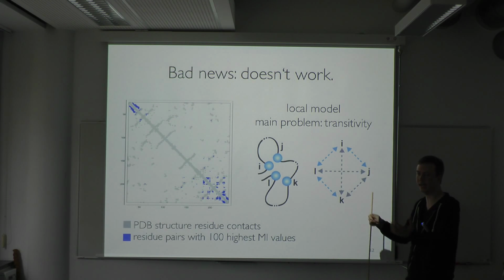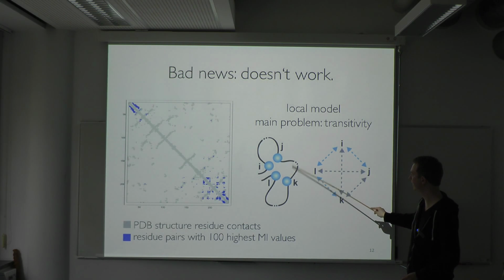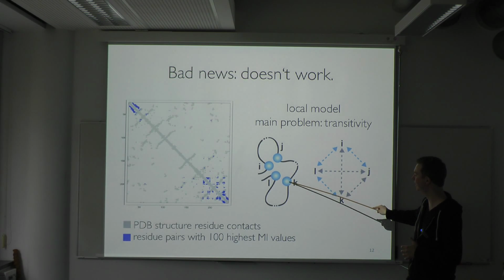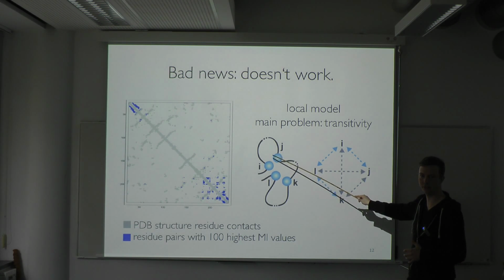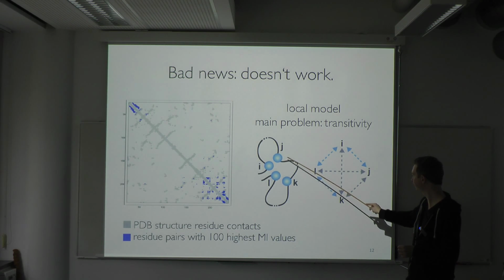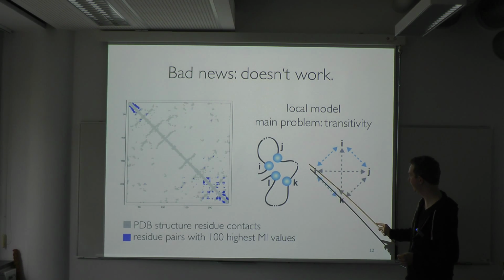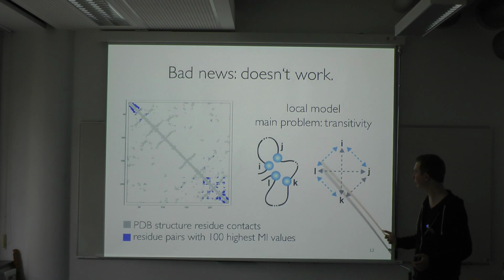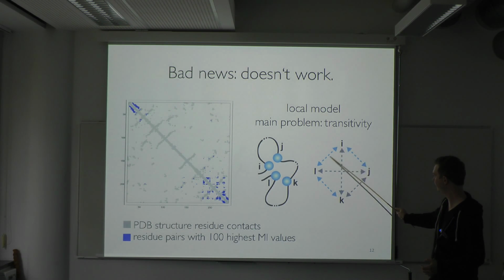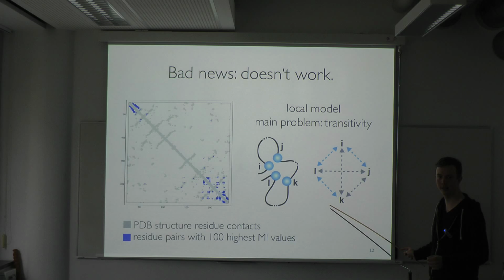Because all of these pairs are very tightly packed, you will observe these transitive effects, and you will see a change in J and a corresponding change in K, but they're not close. It's just that these changes propagated. So if you look at all the correlations, you observe the actual correlations, the cause, but on top of that you will see all these transitive effects induced by this chaining.